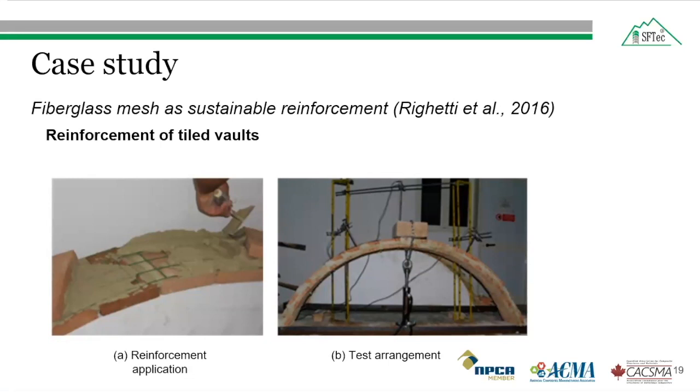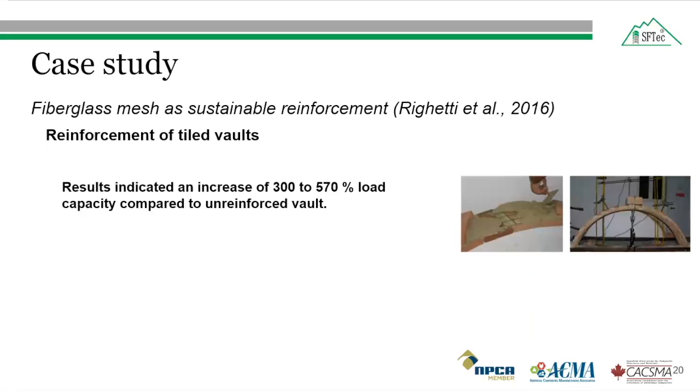The mesh was cut to a length of 3000 millimeter and width of 300 millimeter, covering the top side of the arch length and width, which is shown in figure A. The specimens were tested by applying a vertical compression load at the vault crown, which is also shown in figure B. The use of glass fiber reinforced polymer mesh inserted both into the mortar bed joints and on the outer surface of the arch permitted capacity increases ranging from 300 to 570%.